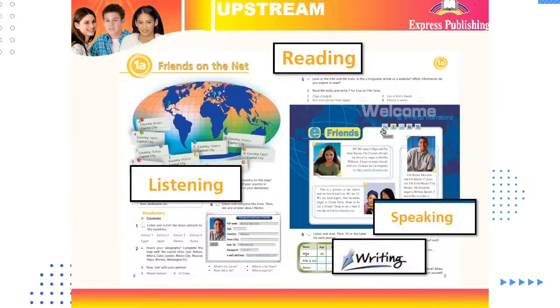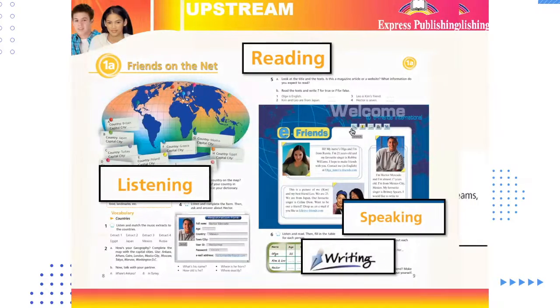And all of these skills in each lesson are integrated very carefully so that the students have the opportunity, the resources, the tools in order to develop these skills effectively. So what we can see here is one of the lessons from Upstream that presents some vocabulary, but also helps the learners to develop their skills at the same time.